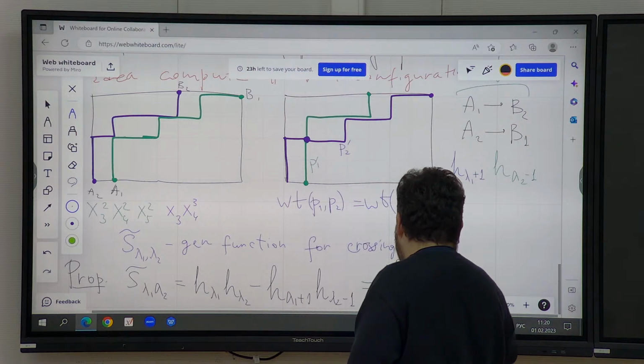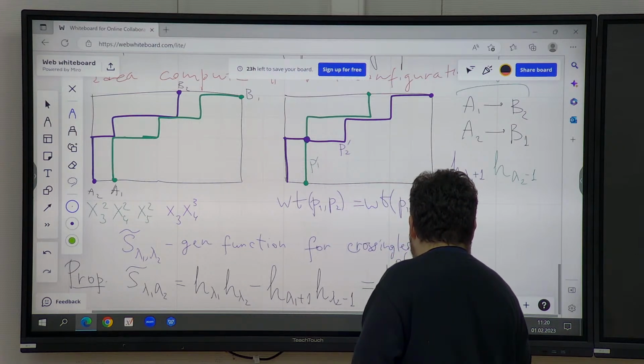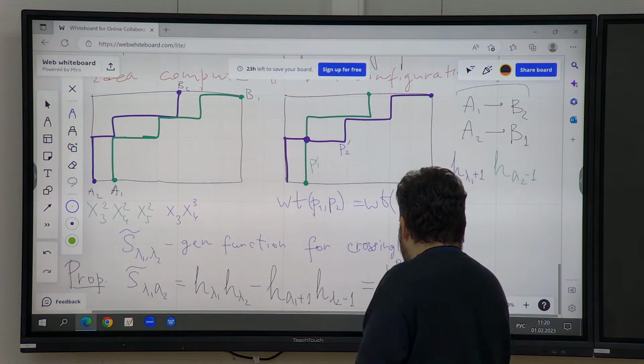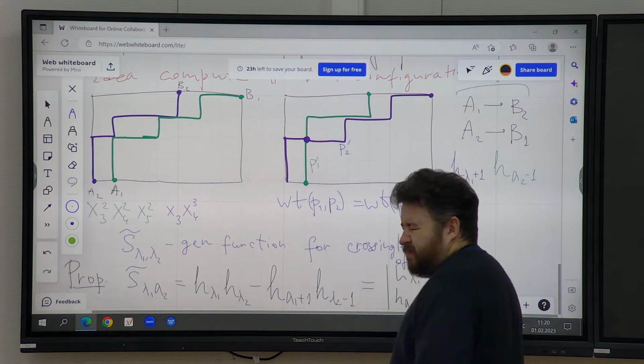So this is h lambda 1, h lambda 2, h lambda 1 plus 1, h lambda 2 minus 1. Something like that, right?